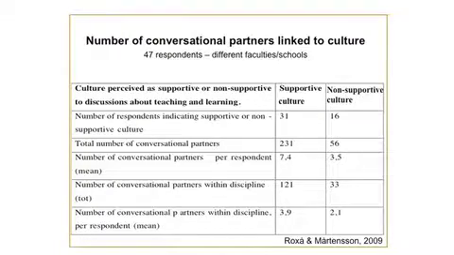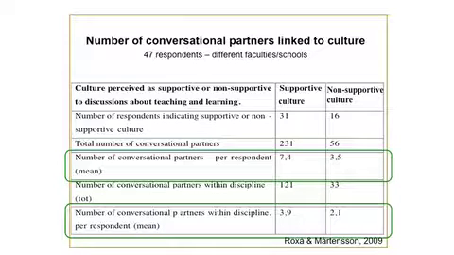You can see 231 total conversational partners, whereas 56 if you're in a non-supportive culture. You have more conversational partners per respondent if you're in a supportive culture than if you're not.